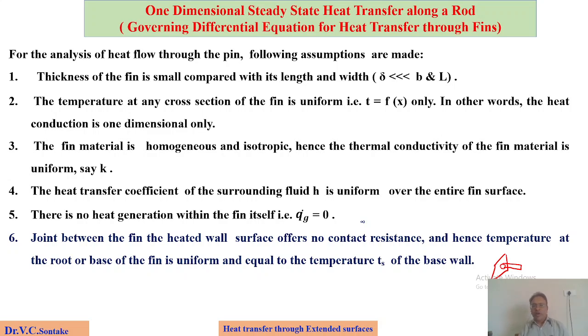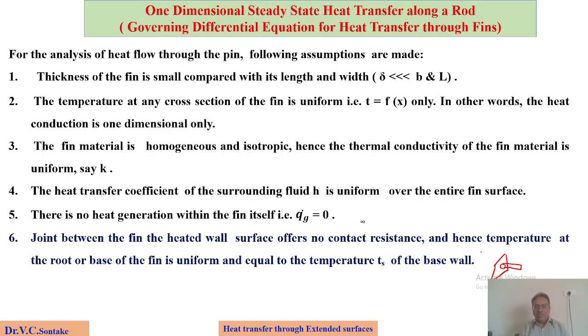There may be some voids, and these voids will be filled with air, and because of this the joint may offer thermal resistance in the form of thermal contact resistance to the heat conduction. So we are neglecting the effect of any such thermal contact resistance while analyzing one-dimensional steady state heat transfer through a rod.